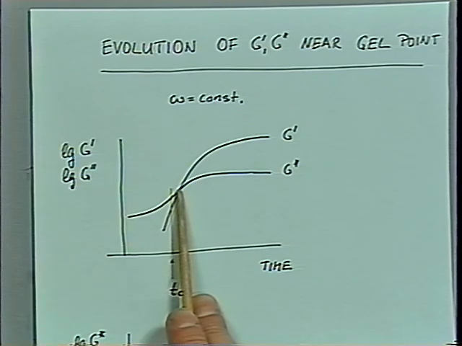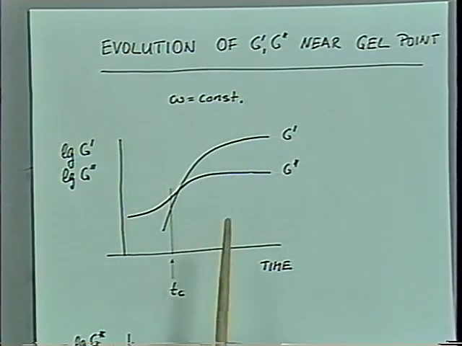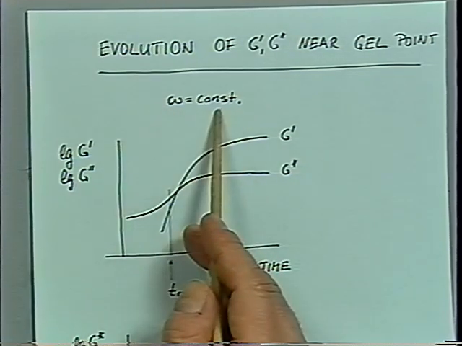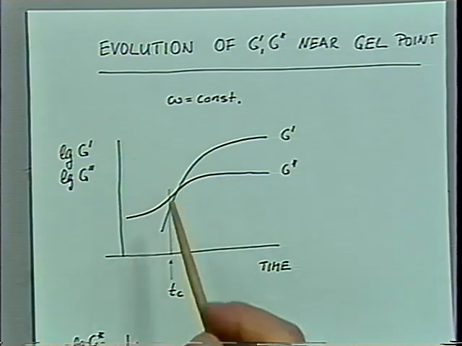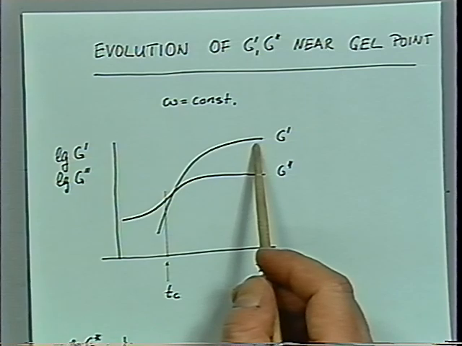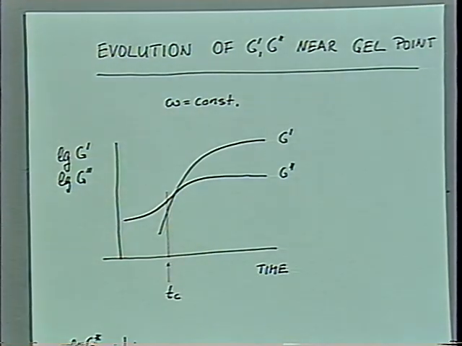We don't have any singularity in this experiment. We just go at constant frequency. We're probing one specific relaxation mode, basically, which corresponds to that frequency, and we're probing the strength of that mode. In the beginning, it's really dominated by viscous behavior. And at the end, it's dominated by elastic behavior. That's all we are saying. And here, they are balanced.